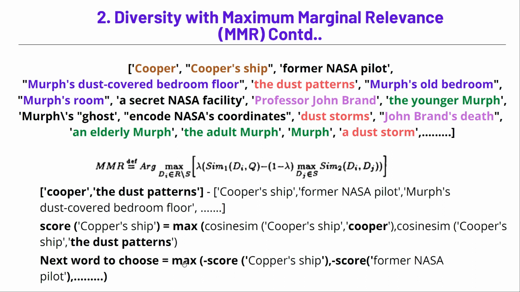So since you are extracting max of negative scores, it's almost like just min of all the positive scores. So at the end of the day, you get the scores for each word based on this calculation, and you will find the word that has the least score when compared to these words, and you will add that as the third keyword.